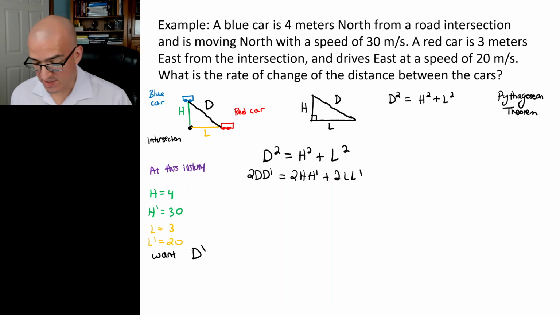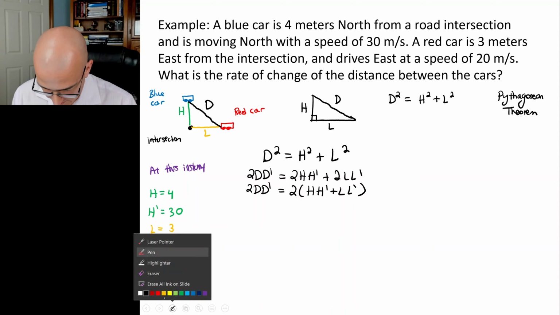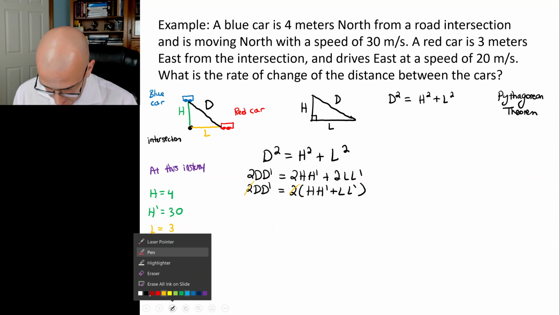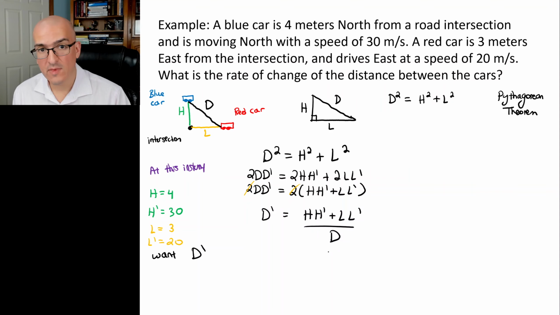We can isolate for d prime. I'm going to do that in 2 steps. 2d prime is equal to, when the common factor of 2 out, I get h prime plus L prime. Now we can cancel the 2's left and right. And then divide both sides by d, and I get d prime is equal to h prime plus L prime all over d.